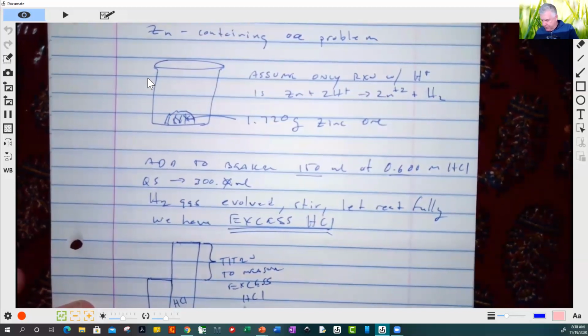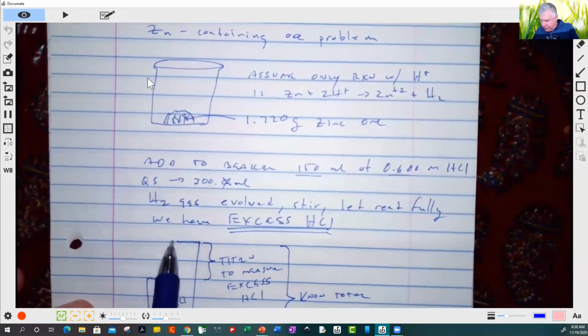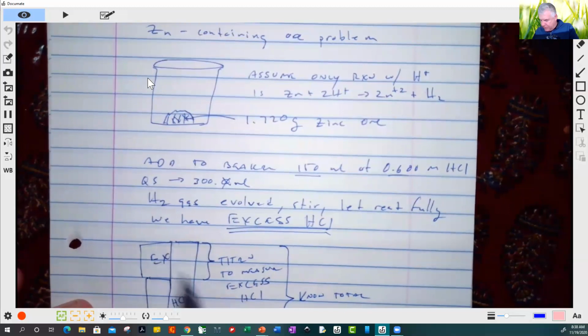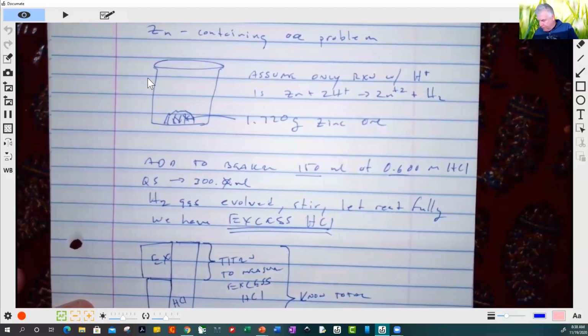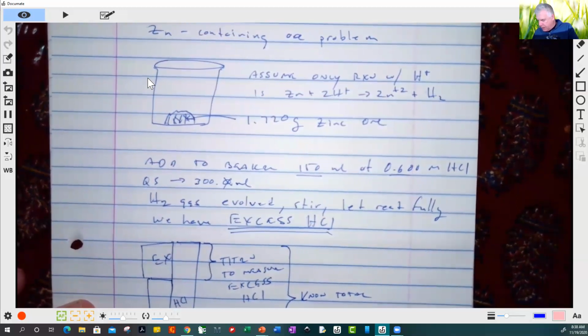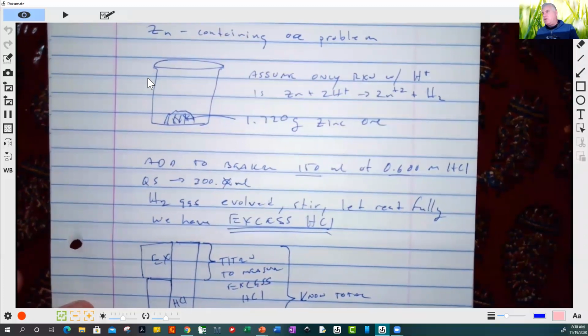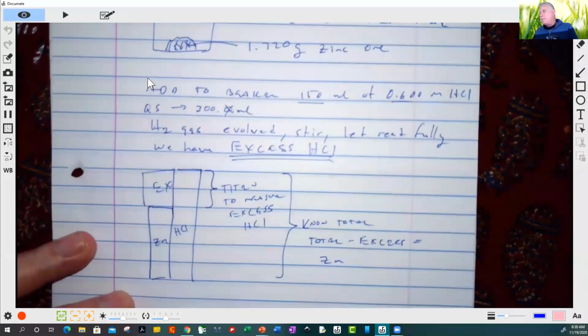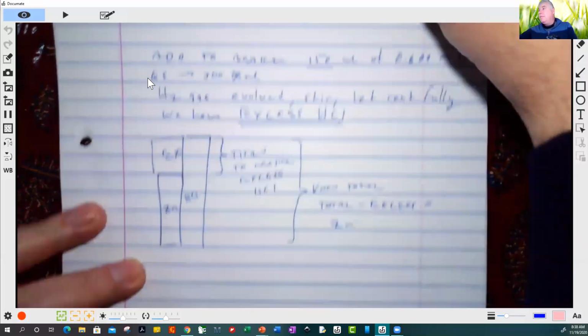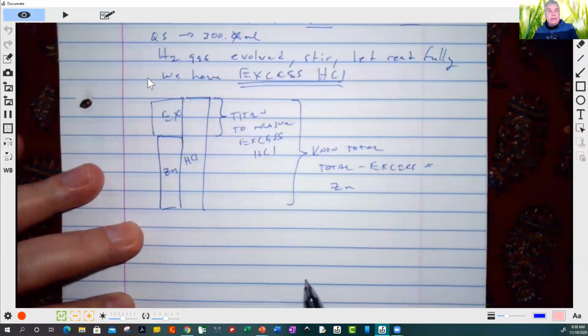And so we know the total, and this is excess. And so the total minus the excess is equal to the amount of zinc, sort of like the equivalent electrons from the zinc, right? What am I doing here? Making sense?